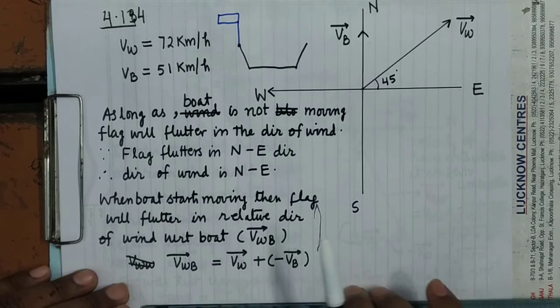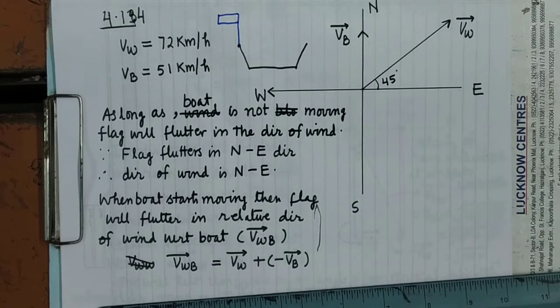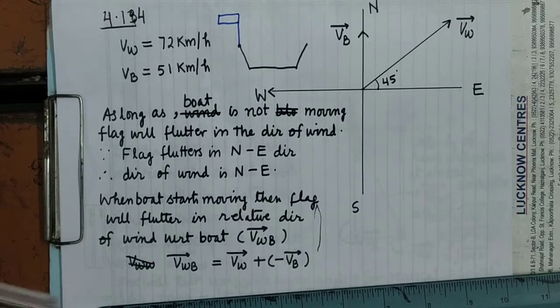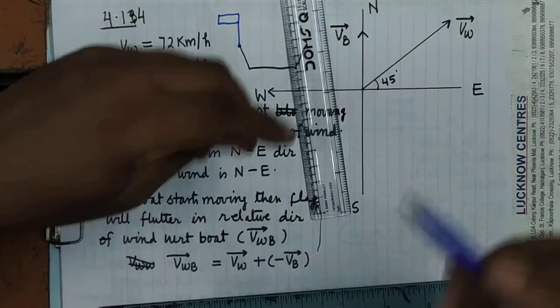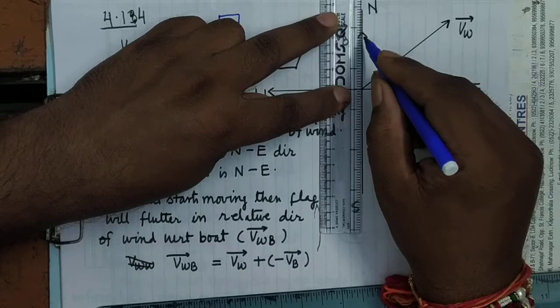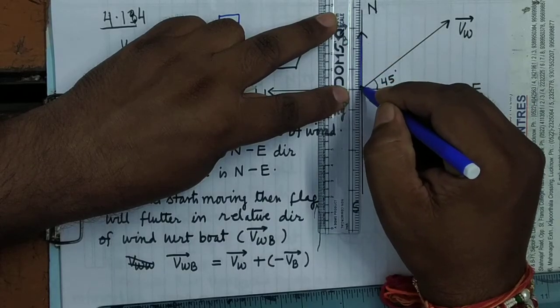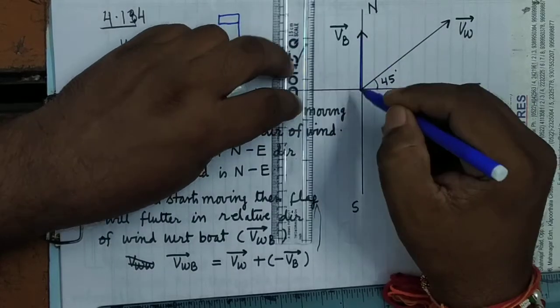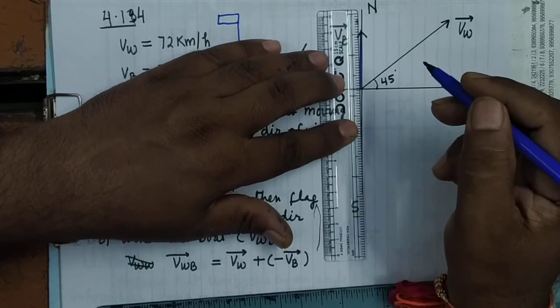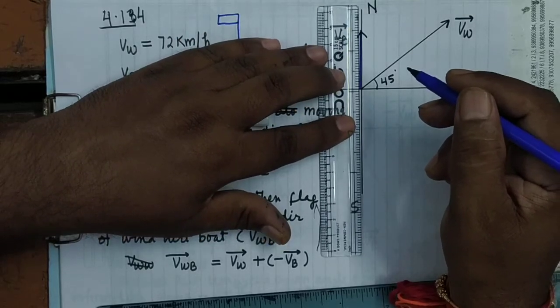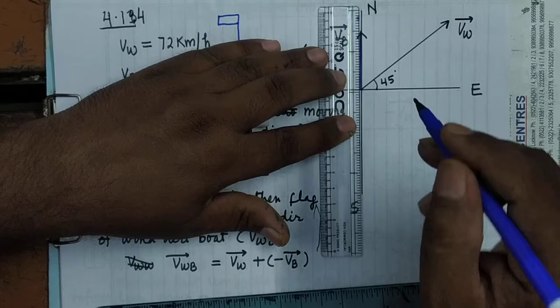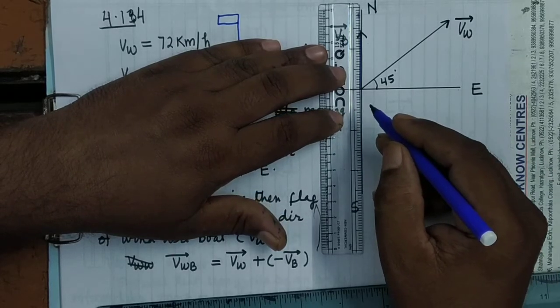So how will you find? I am drawing the diagram here. You can see this is the vector VB. So what will be the direction of negative vector VB? It will be in this direction, in the south direction, and it will be of same length as this one. It's clear.